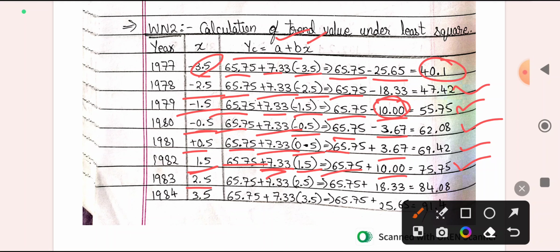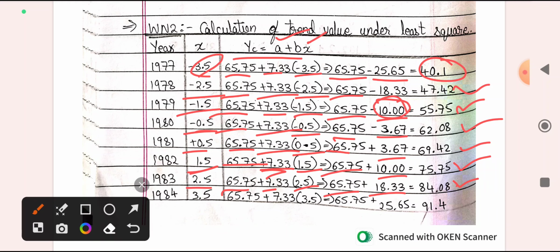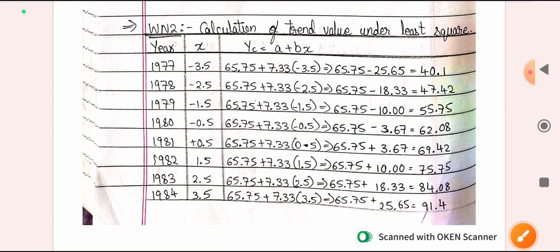Next 2.5 in the place of x: 65.75 plus 7.33 into 2.5, 65.75 plus 18.33, it is around 84.08. Lastly the x value 3.5: 65.75 plus 3.5 into 7.33, it is 25.65. If you add, it is 91.4. Like this we need to calculate all the values relating to trend values.